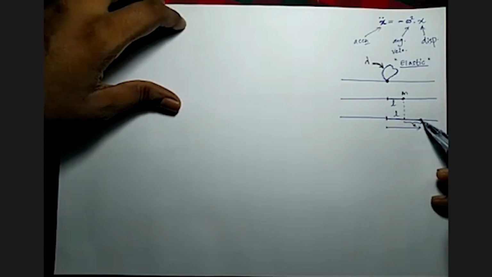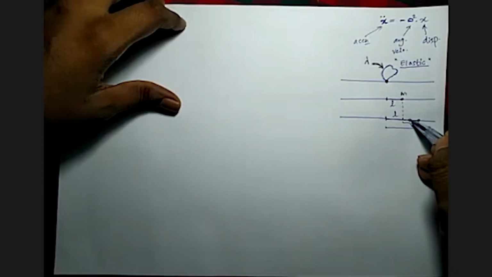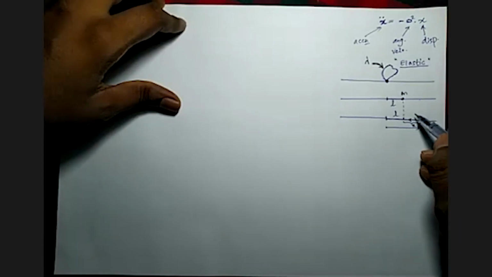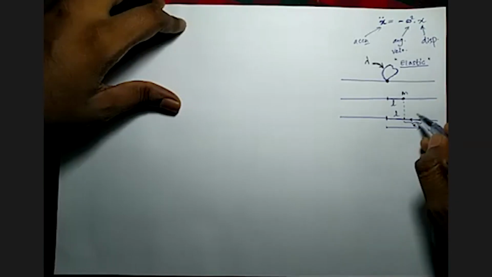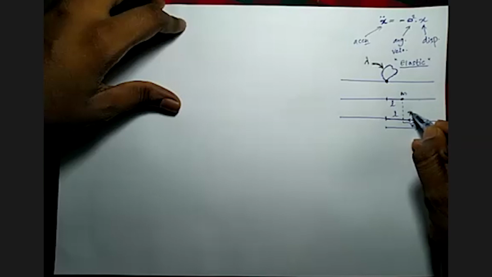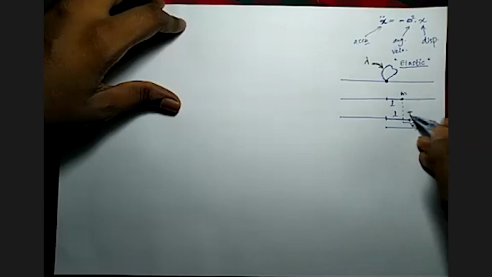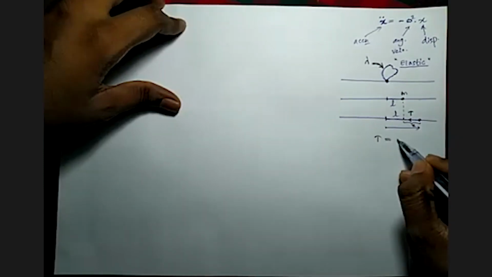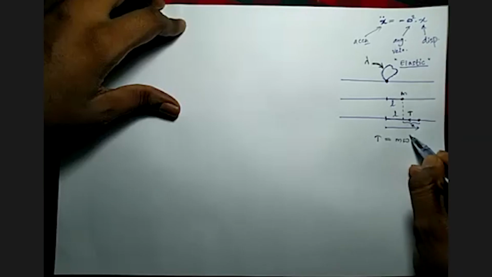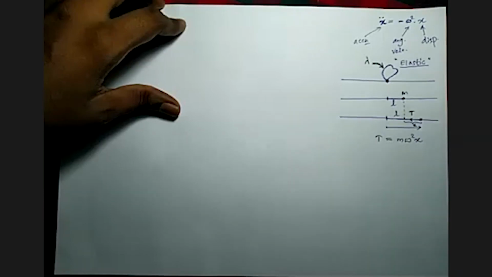So when we do this, there will be a resistive force which opposes my movement. This resistive force in the case of a string is called tension. That tension is always equivalent to m omega square x.